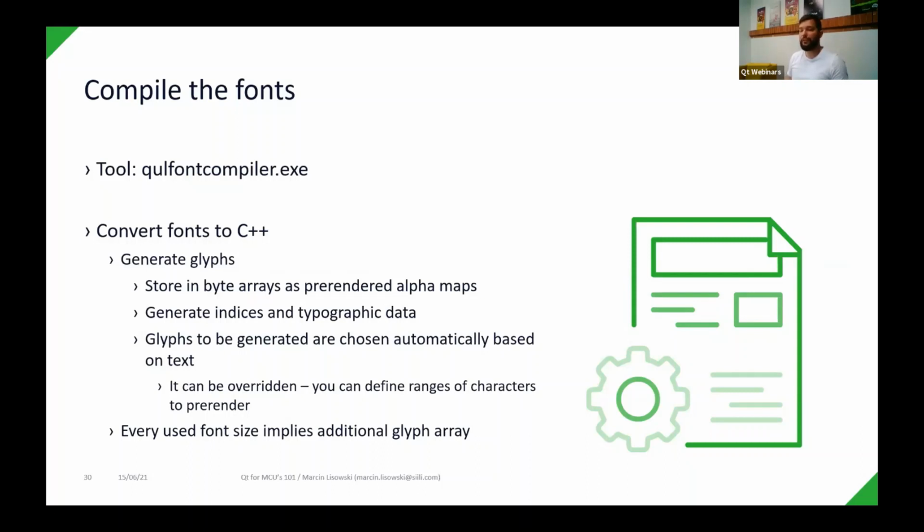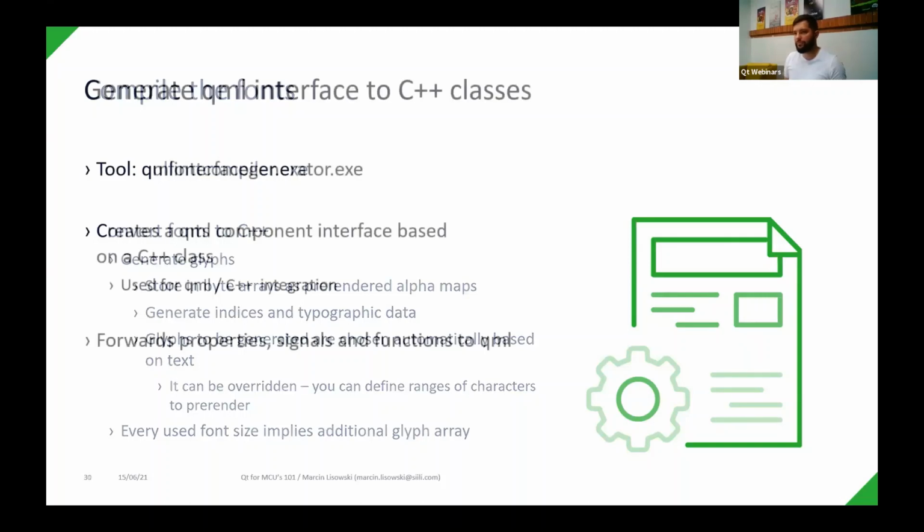And glyphs are automatically selected and generated for text that is in your QML files. And as I said, it can be overridden by defining the ranges of additional glyphs you are supposed to use in your application. So it's completely fine to provide an additional set of glyphs that you're expecting to use in your app. Well, yeah, that's it about this tool.